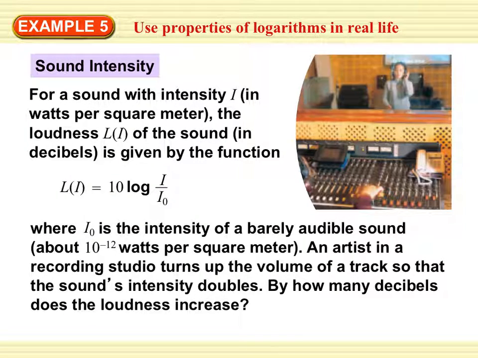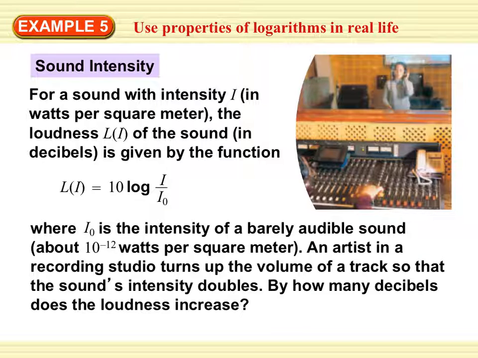All right, sound intensity. For a sound with intensity I in watts per square meter, the loudness, L of I, of the sound in decibels is given by the function L of I equals 10 times log of I over I initial, where I initial is the intensity of a barely audible sound. An artist in a recording studio turns up the volume of a track so that the sound's intensity doubles.